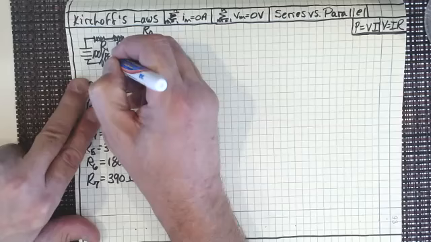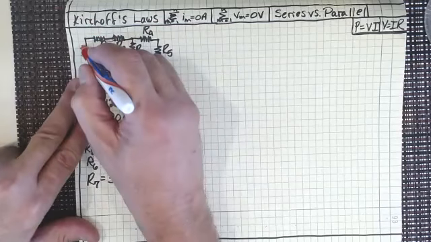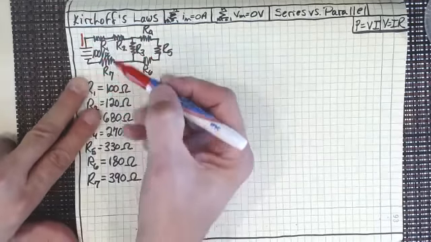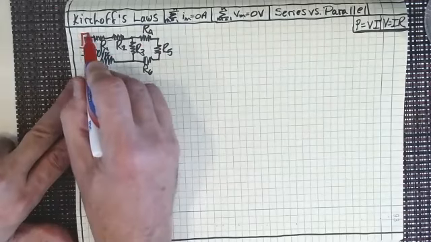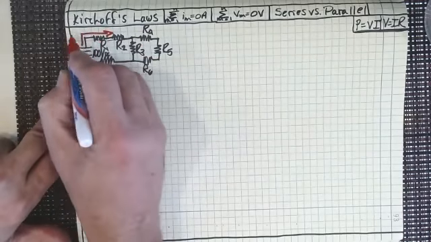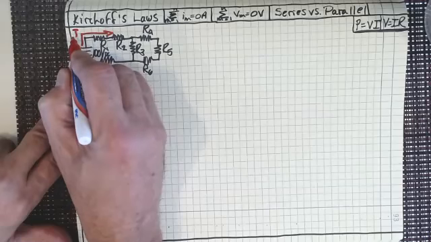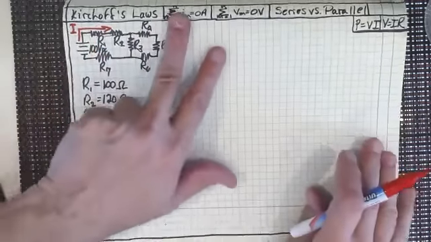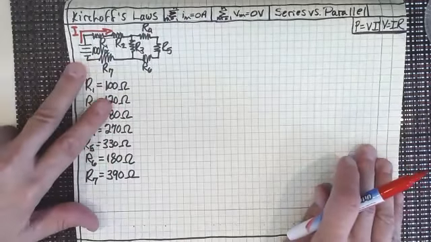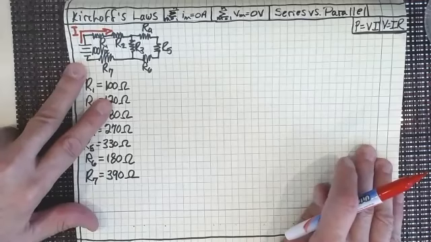It's 100 volts DC, but what's the current coming out of that power supply and then flowing through the circuit? This first current here I'm just going to call I, because that's really the main current flowing out of the power supply.